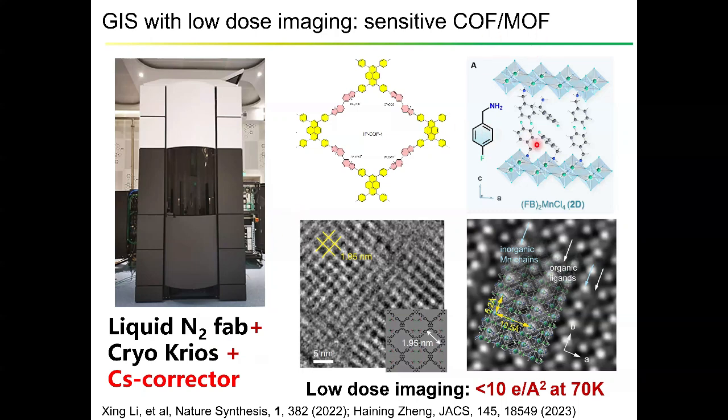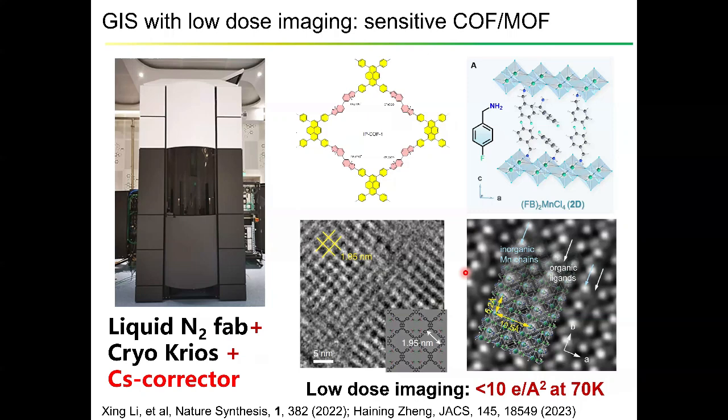We can control the electron dose as low as around 10 electrons per square angstrom at liquid nitrogen temperature, so that we can still see very clearly how the carbon organic ligand looks in real space.